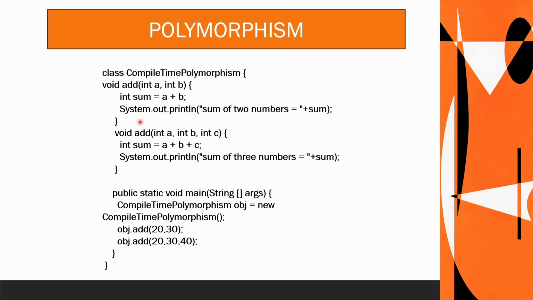When I call object dot add, which function has to be called is decided at compile time, which is known as static polymorphism or overloading.